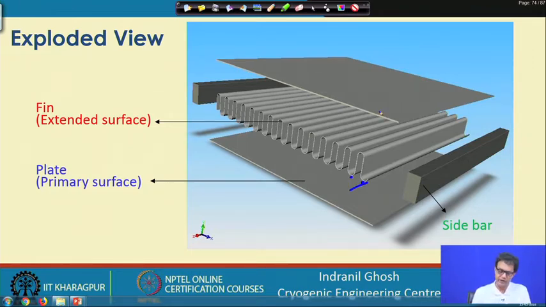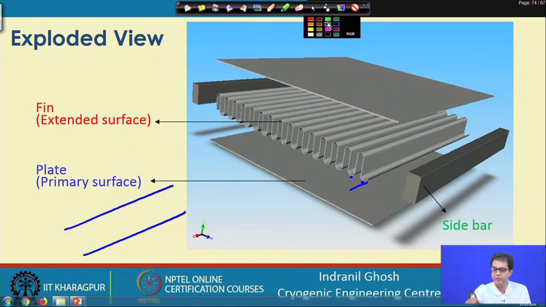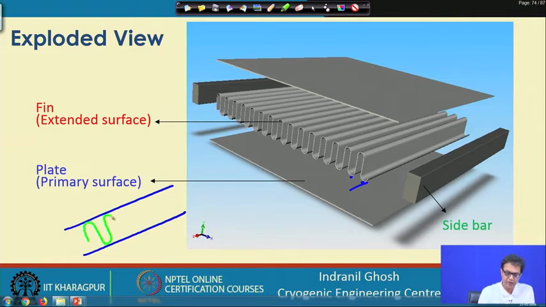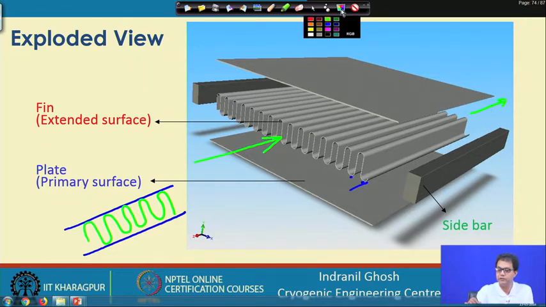Now, we have two primary surface areas, in between we have the fin, and imagine this is the cross sectional area, and we have a fluid flowing from this end to the other end. We have to ensure that the fluid is not spilling over from this side or this side. So, what we need to do for this purpose is to have a kind of sidebar on both the ends.